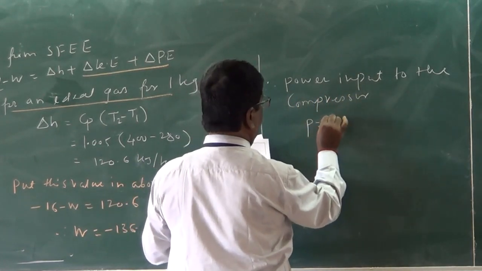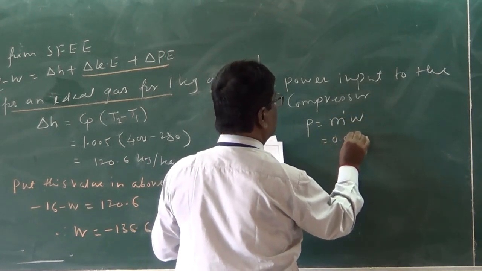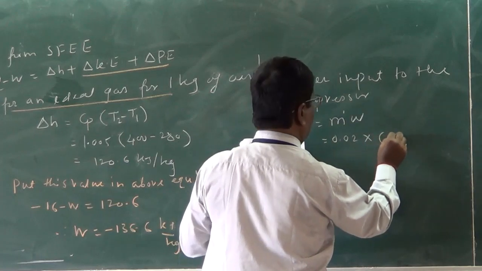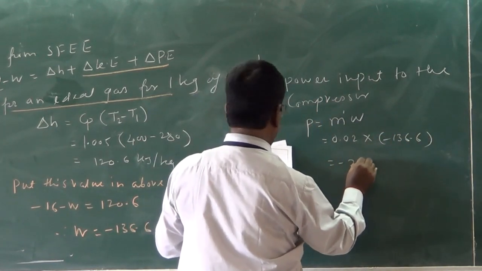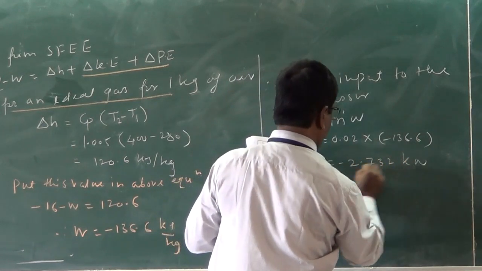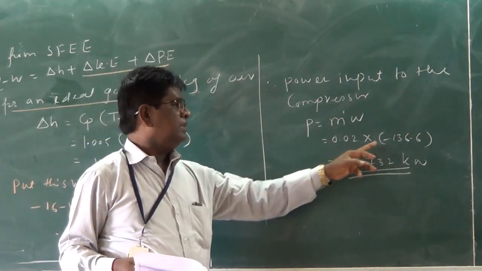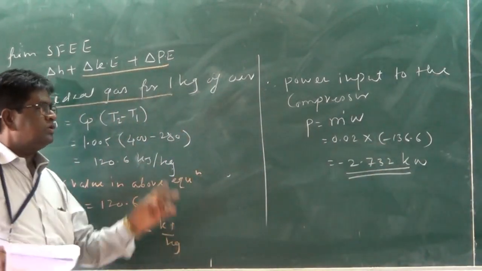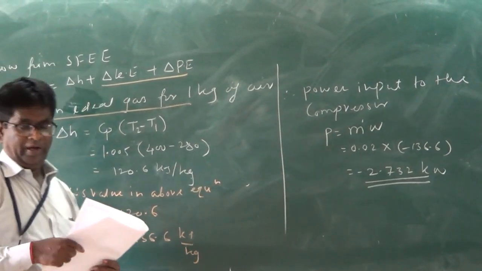P is equal to m dot into W, which is 0.2 into minus 136.6, and it comes to minus 2.732 kilowatt. Because this is kg per second and this is kilojoules per kg, kilojoules per second is a kilowatt. Okay.